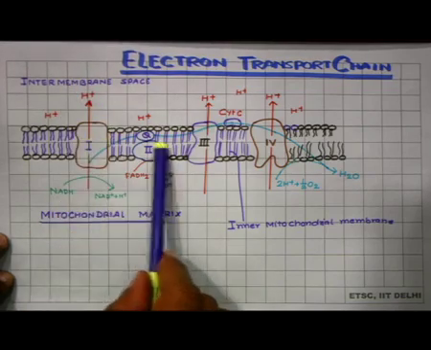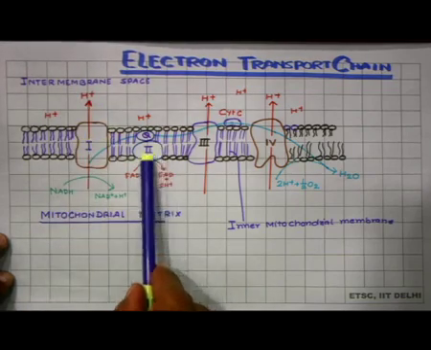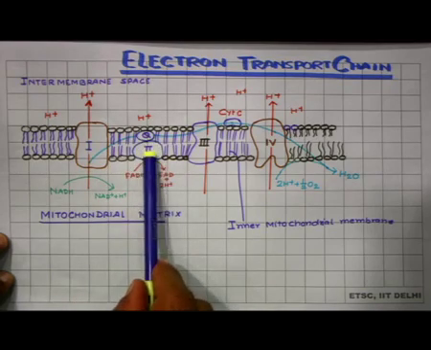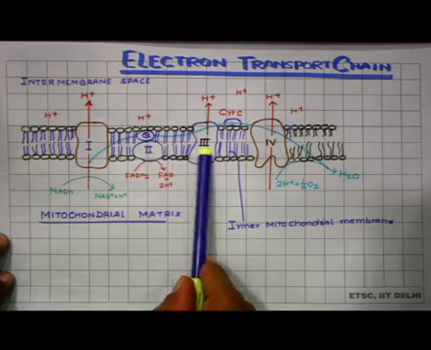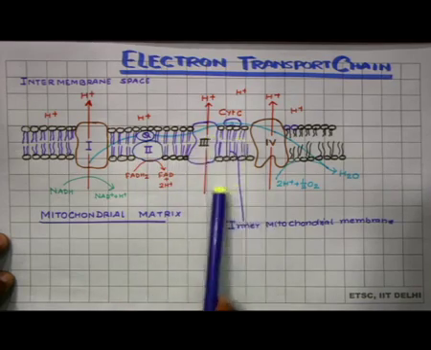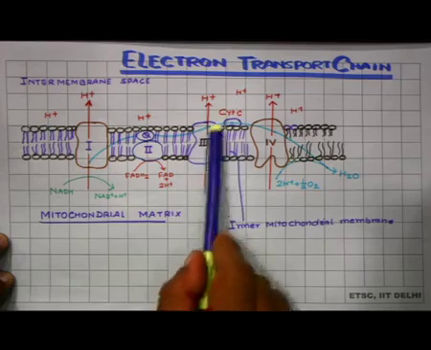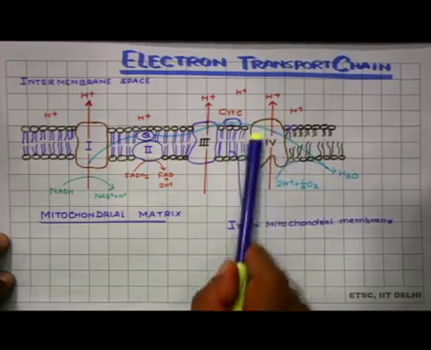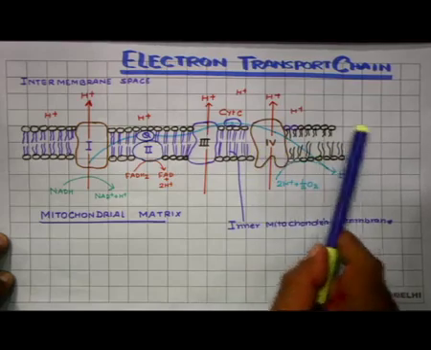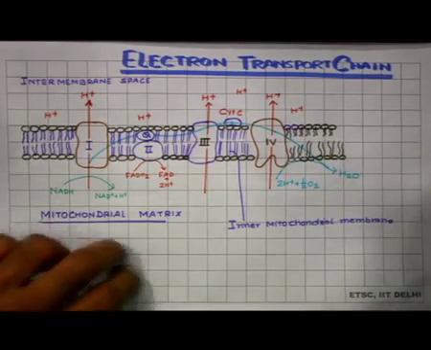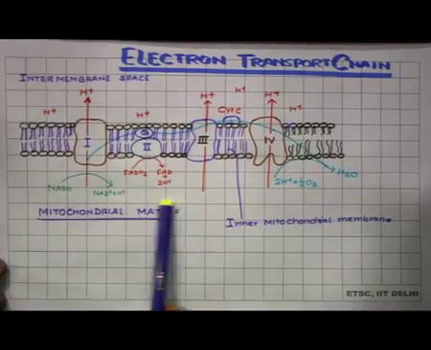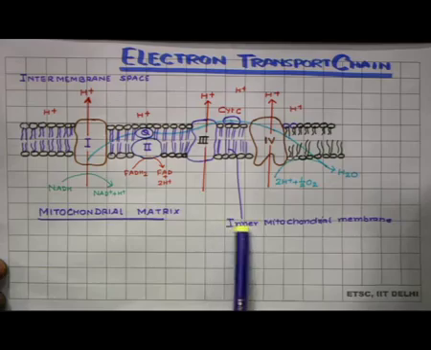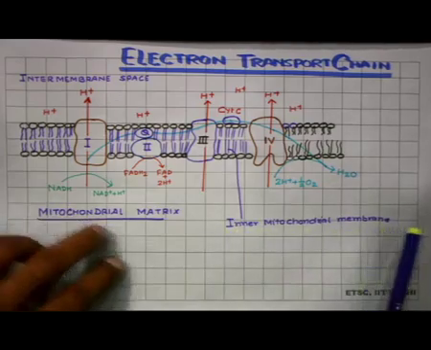This proton is then transferred to cytochrome 2 from the quinone, and from cytochrome 2 it transfers to cytochrome 3. Here H plus is formed, then cytochrome C, then it is transferred to cytochrome 4 and cytochrome 5 that help in the formation of ATP. This side is the mitochondrial matrix, and this side is the intermembrane space.